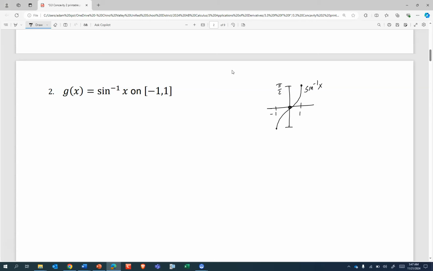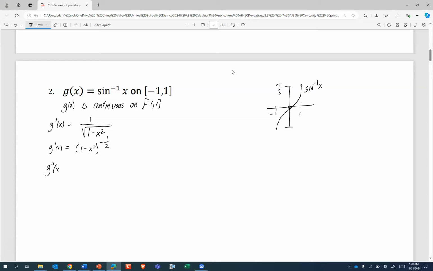Okay. So, turns out g is continuous on negative 1 to 1. We're going to have the first derivative, 1 over the square root of 1 minus x squared. We're going to have that memorized. If we want to do the second derivative, it's probably easier to rewrite this so we can use the power rule instead of the quotient rule and just a little bit of chain rule.